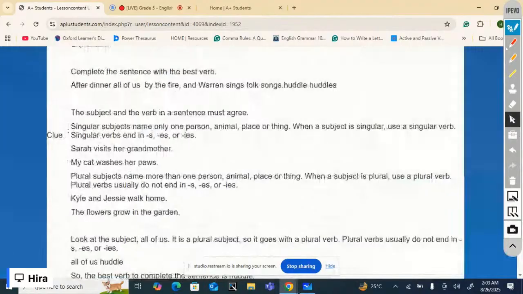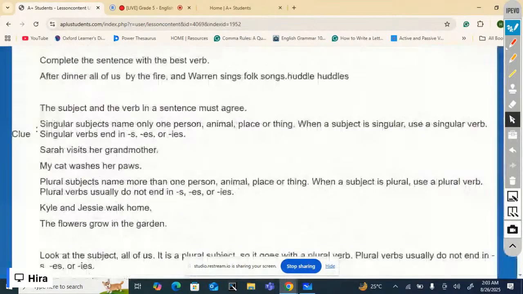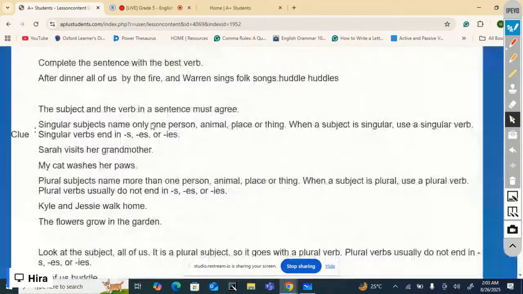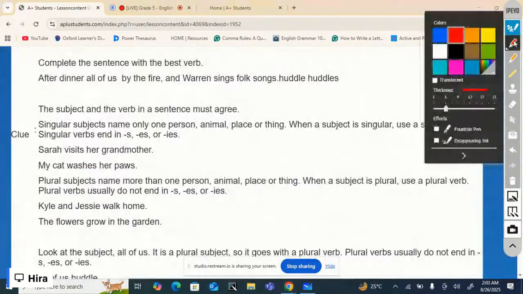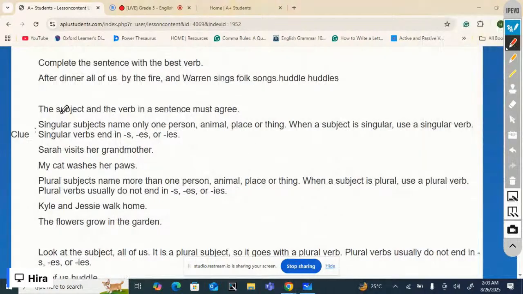What is subject verb agreement? The subject and the verb in a sentence must agree.